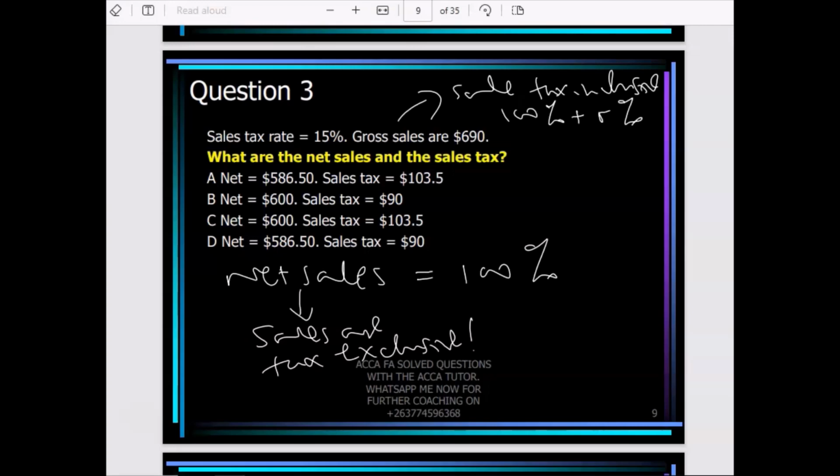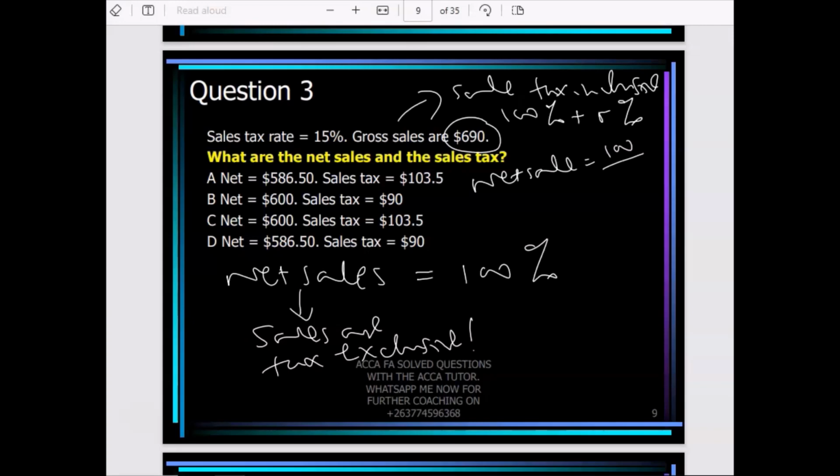Okay, so the net sales, if we are given the gross sales, net sales would be 100 over the sales tax inclusive, which is over the gross sales.